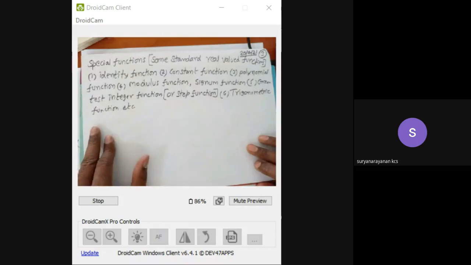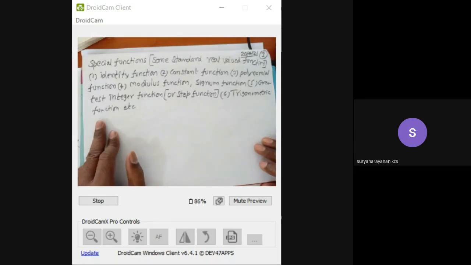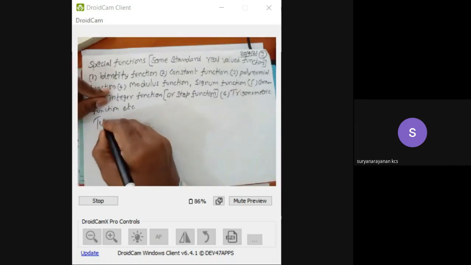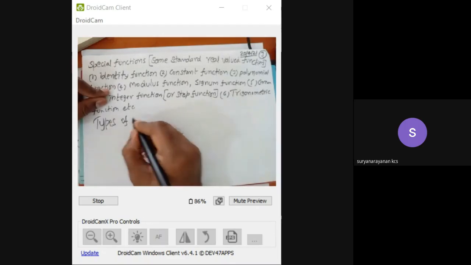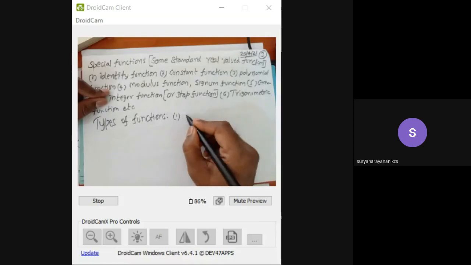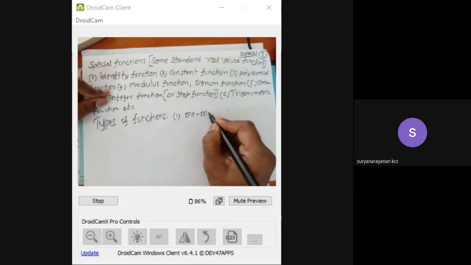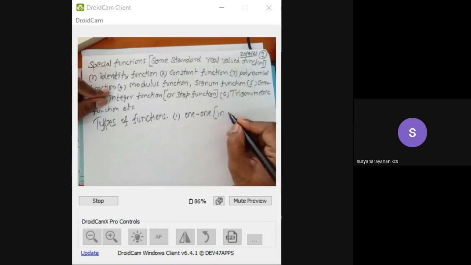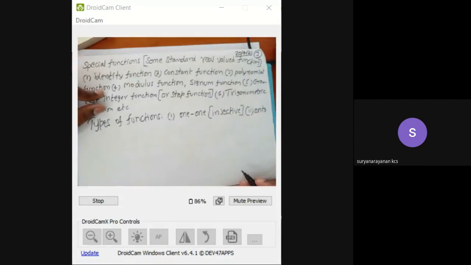After that, in this class, we discuss types of functions. There are different types of functions we are going to study in this class. First one is one-one function. This is also called injective. Second type of function is onto function.